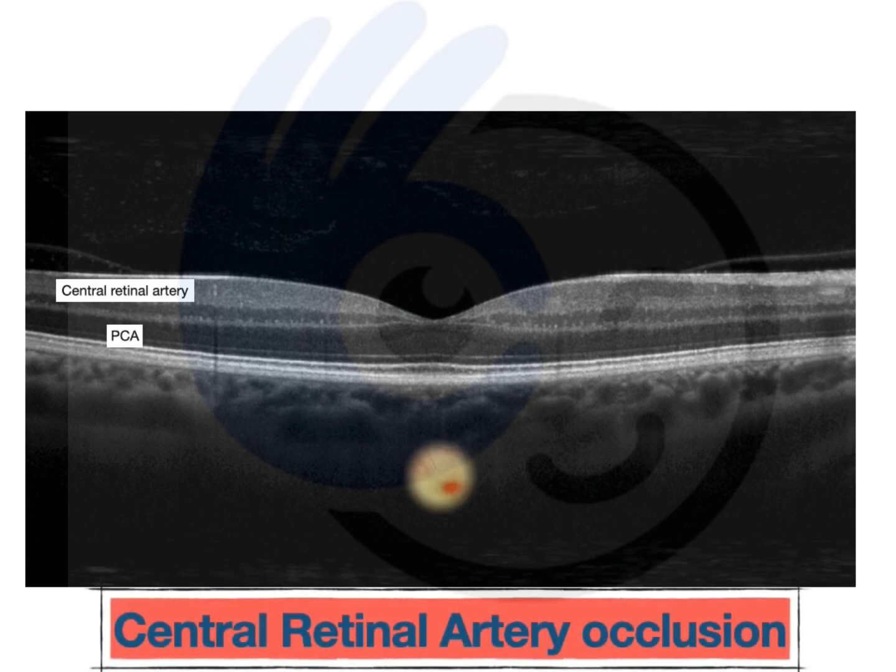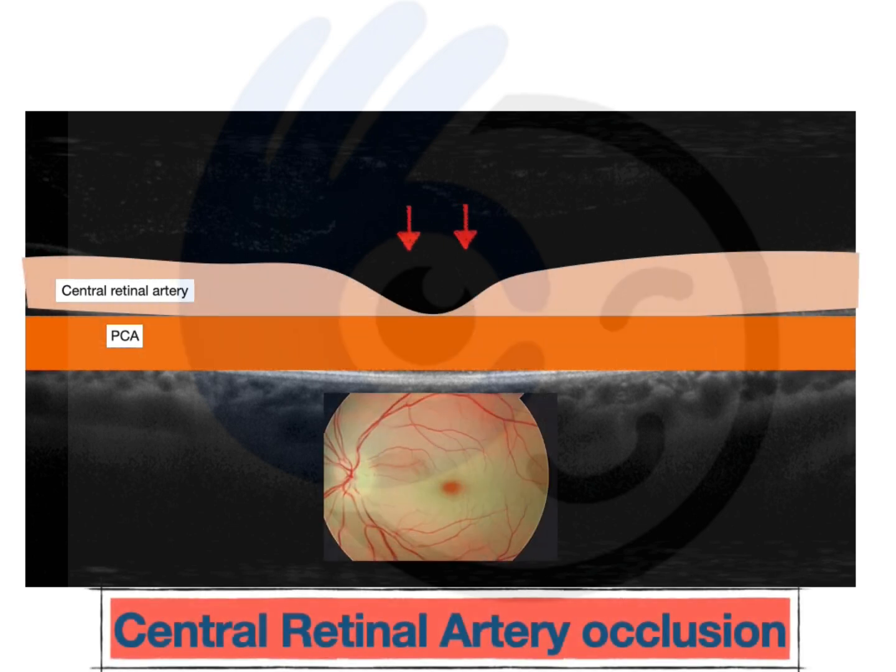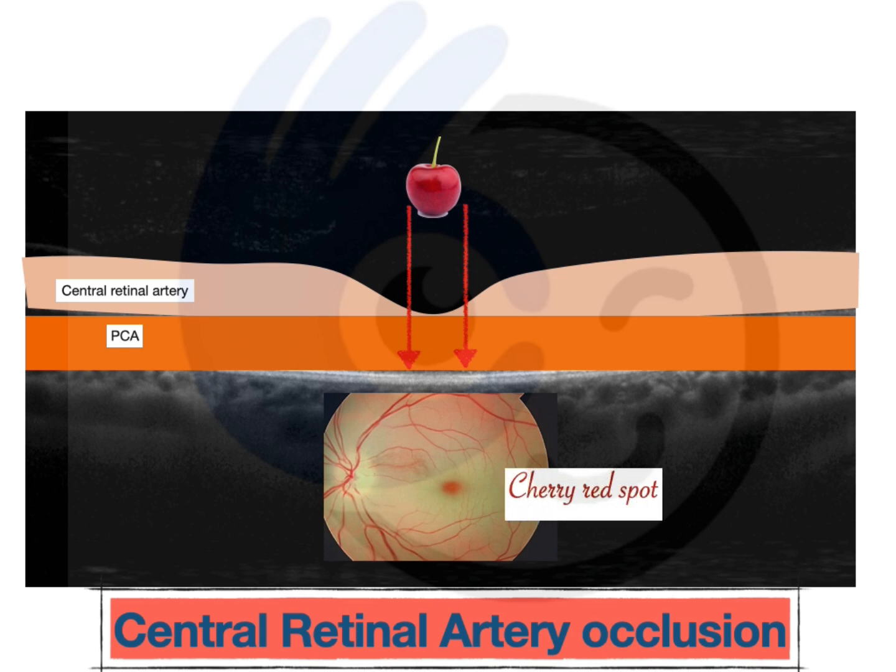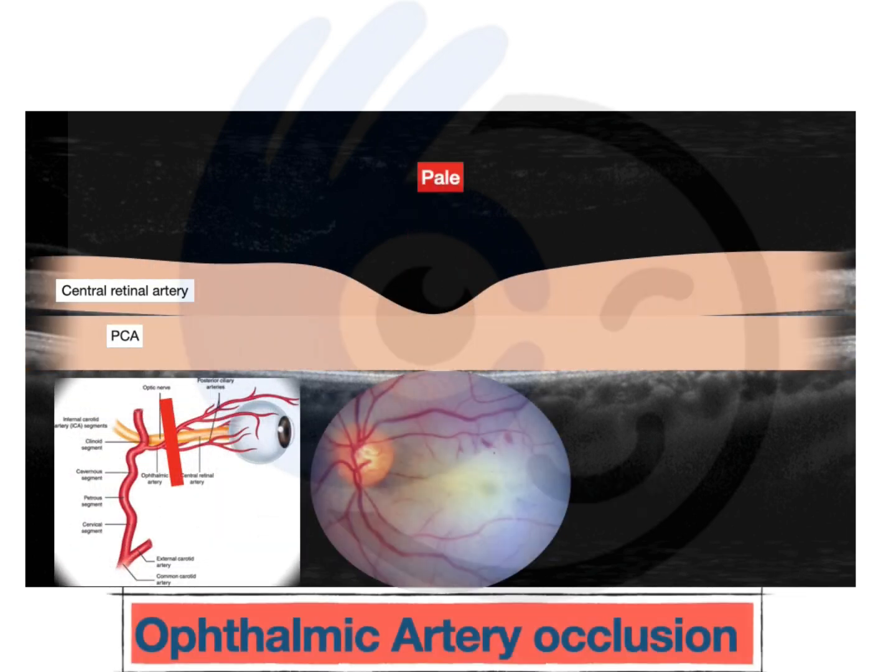So in case of central retinal artery occlusion, where the inner layer of the retina is compromised, the inner layer will appear opaque, whereas the outer layer still has the supply from the posterior ciliary artery, so it is see-through at the fovea, which appears like a cherry red spot. But in case of ophthalmic artery occlusion, where the entire artery is occluded, both the central retinal artery and posterior ciliary artery blood supply is compromised, so the entire retina will appear pale.